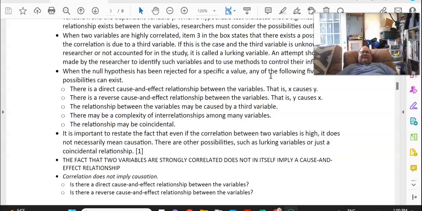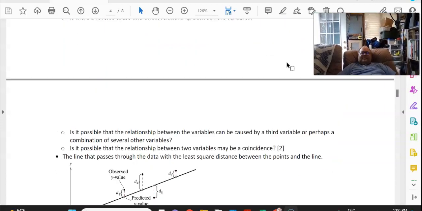There may be a lot of complex interrelationships among the variables, or it could just be coincidental. The presence of a correlation does not imply causation, but it might suggest it. You have to do other things, generally experimental, to try to determine whether the cause and effect does actually exist.